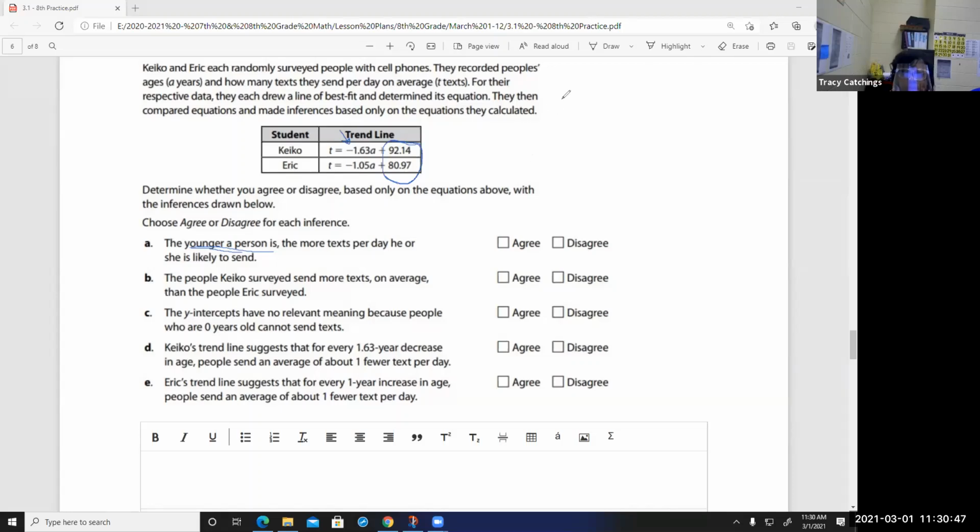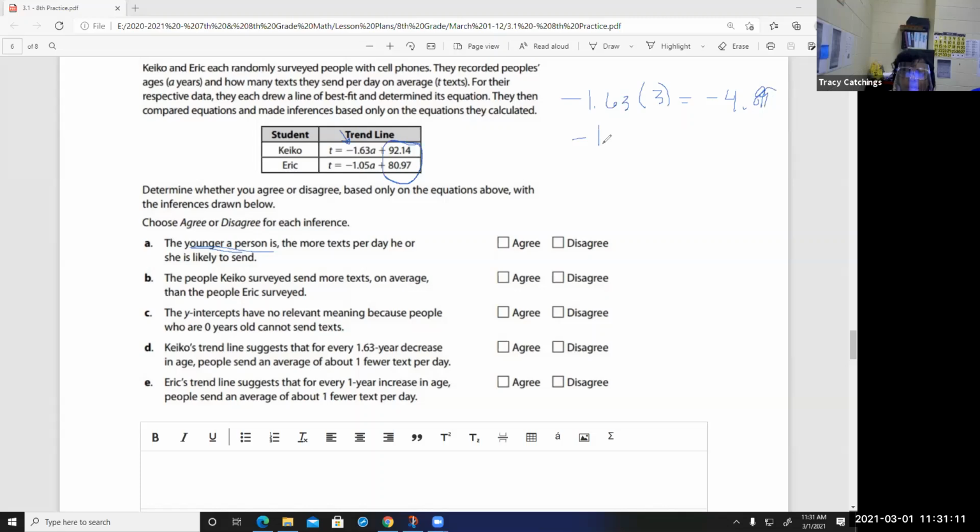All right, let's put in some numbers. If I got negative 1.63, let's say I'm 3. Somebody multiply that by 3. Negative 4.89.